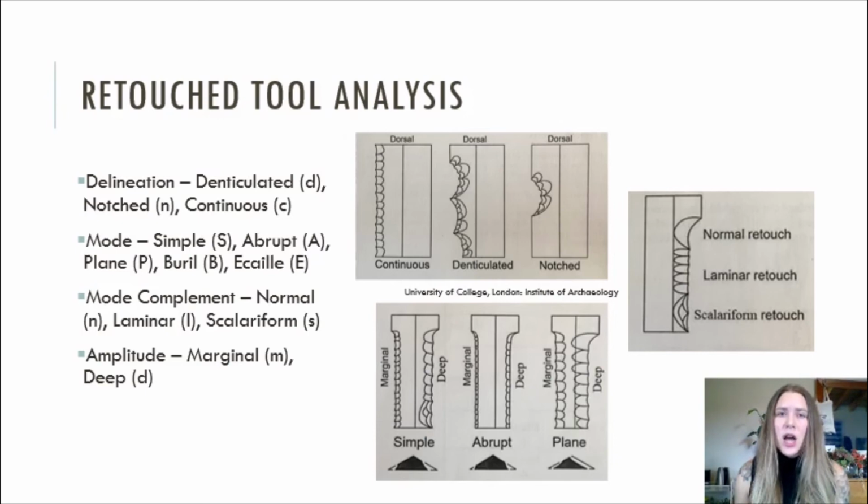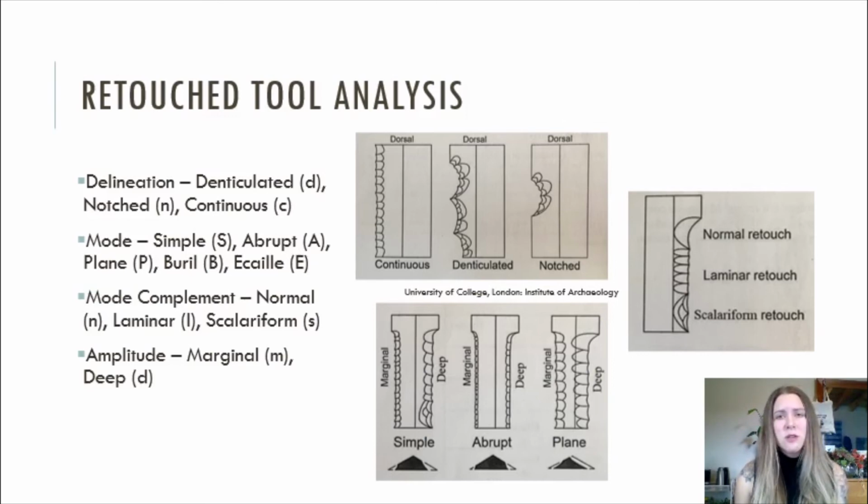So here, in this sense, delineation refers to the border of the retouch. It can be considered continuous or regular throughout. Denticulated refers to a series of notches, and then notched is just a singular notch. Mode refers to the extent of the retouch, which is also indicated in a different way by amplitude.